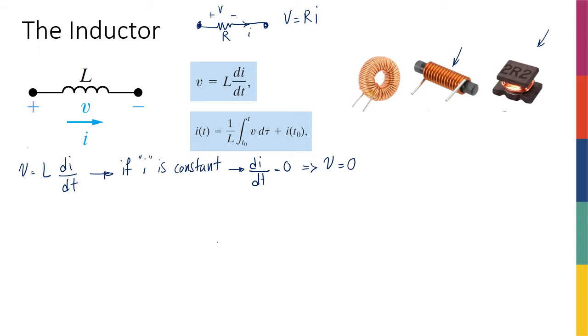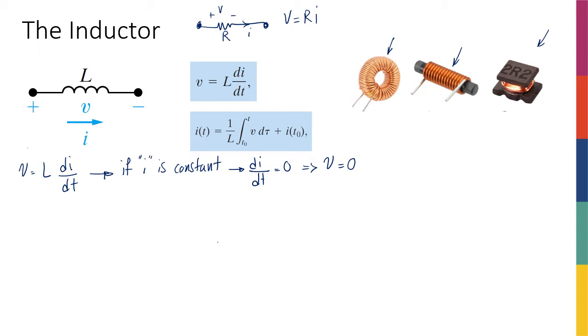All of these parameters could change the inductance, by the way, right? How many turns do you have? What is the spacing between these turns? What is the thickness of the material? What kind of material do you have? All of these things could change the inductance, right? But as long as there's a constant current flowing through these wires that I turned into the shape of a coil, I'm going to get a voltage equal to 0.